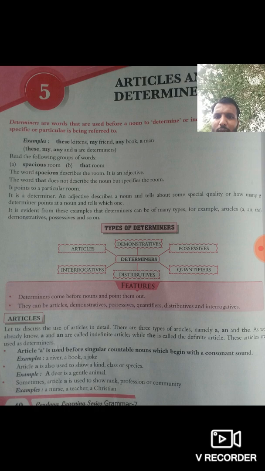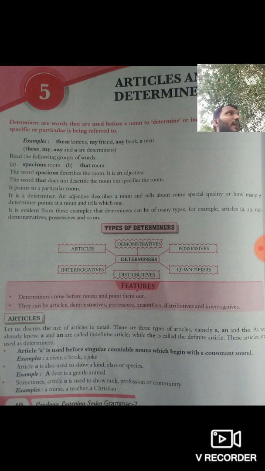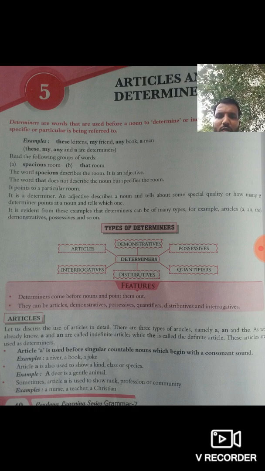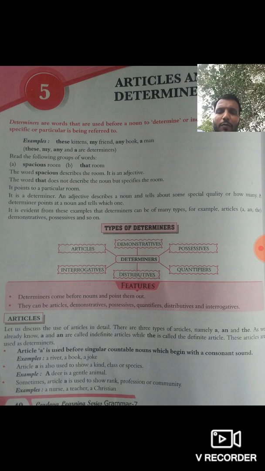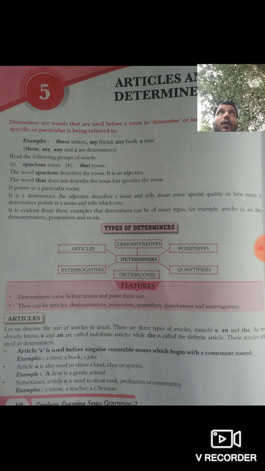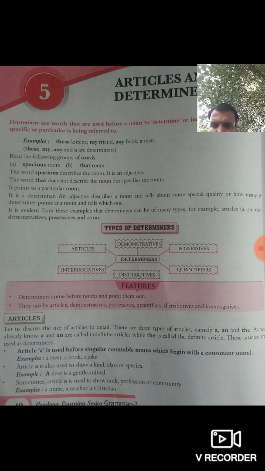Article a is used before singular countable nouns which begin with a consonant sound. For example, a river, a book, a joke. Article a is also used to show a kind, class, or species.